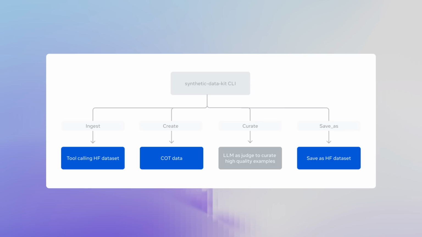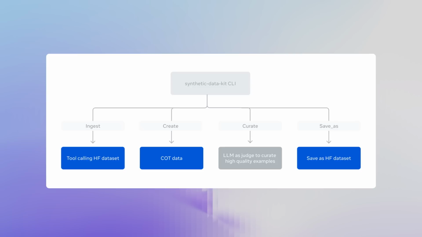The process is simple. 4 steps. Ingest, create, curate, and save and format your data. First, we ingest an open source tool calling dataset from Hugging Face. Then we create additional chain of thought data to help improve the model reasoning and decision-making capabilities.